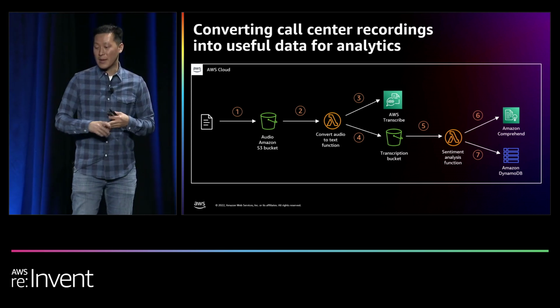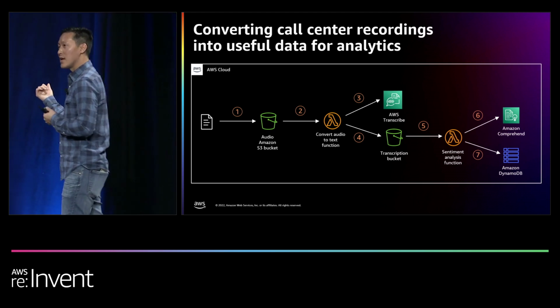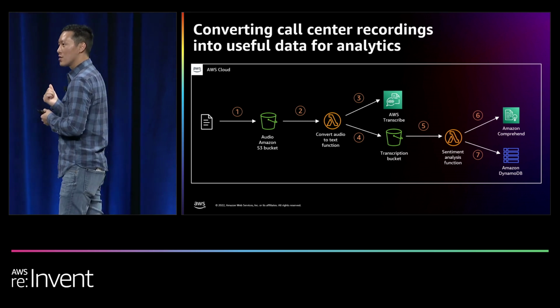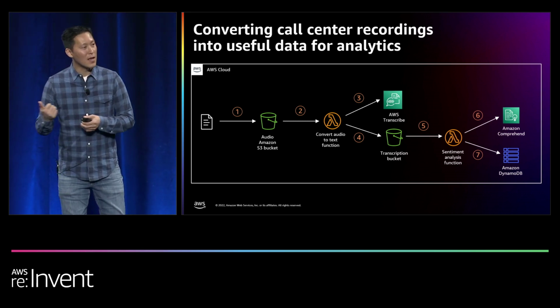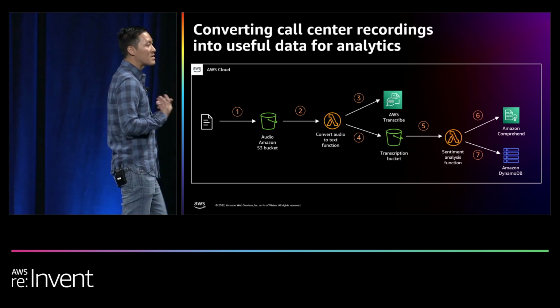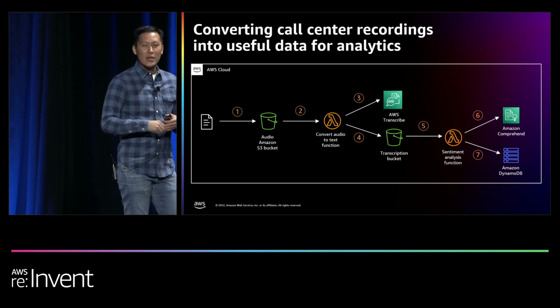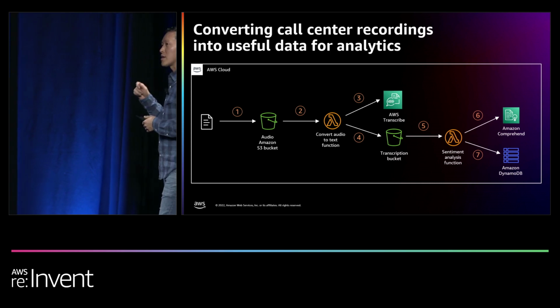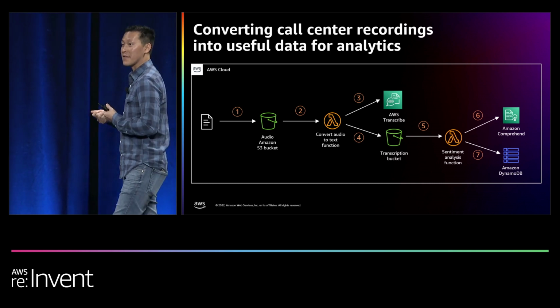And now I'm going to make a call to Comprehend and get, was this customer happy or was this customer upset? And maybe what you can do is store that data into a DynamoDB table. And now as business analysts, you can go and say, is there a correlation between product IDs and negative sentiment?